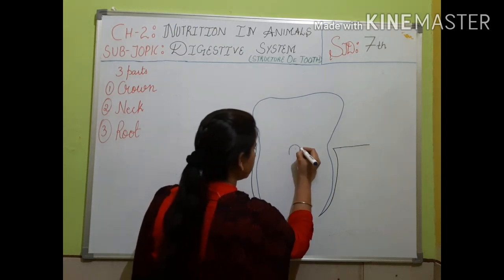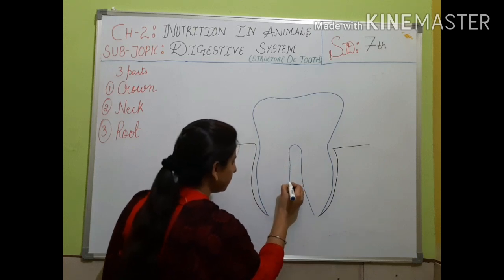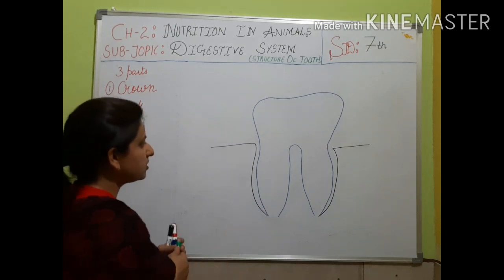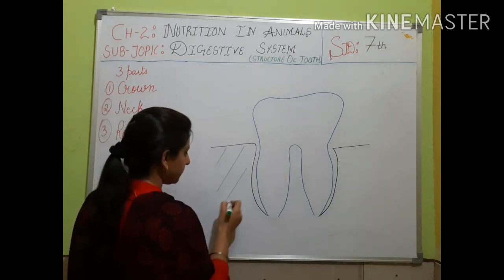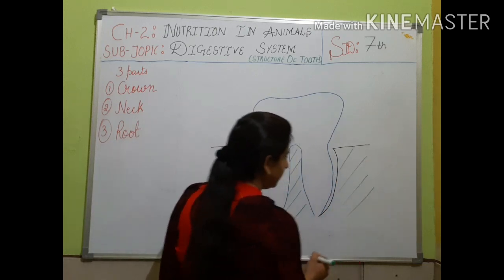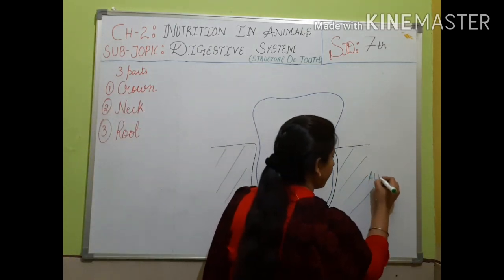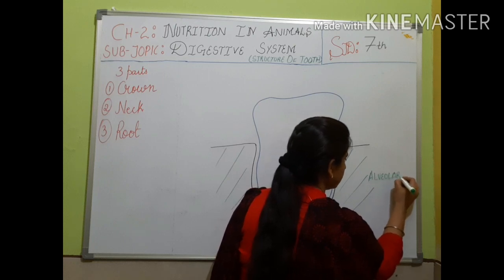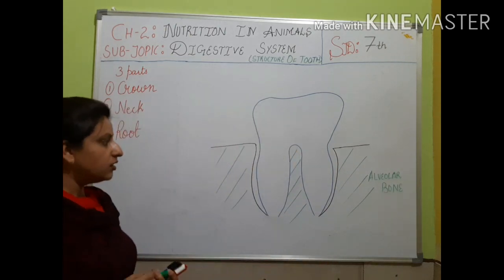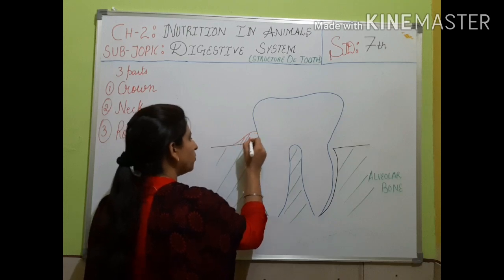In between there is also the presence of bone. So this darkened part is the bony part and it is called alveolar bone. Now the tooth is also supported by the gums on both sides.